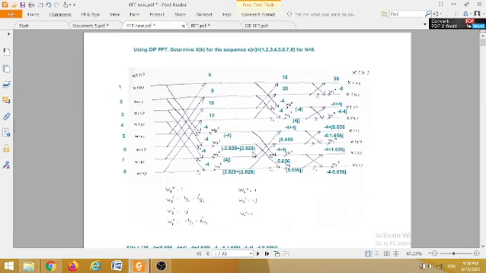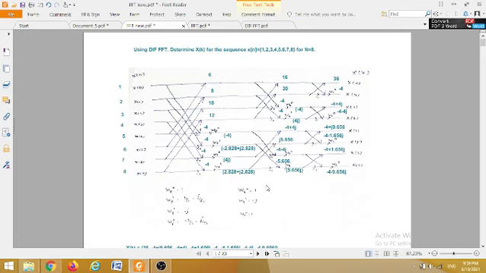So here we are having plus j 2.828 and here it becomes minus j 2.828, so they will get cancelled, and here we have minus 2.828, and here also this 2.828 after multiplying with the minus 1 becomes minus 2.828, so finally you will be getting minus 5.656 before multiplying with W4 power 1.